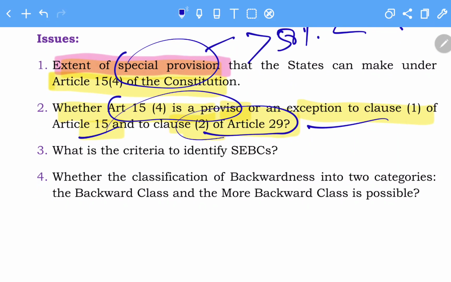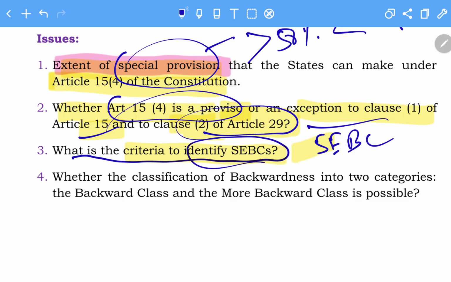Now moving to the next question, what is the criteria to identify the SCBC? This is the biggest concern. How to identify the SCBC? What kind of parameters may be there to identify the people of the socially and educationally backward class?